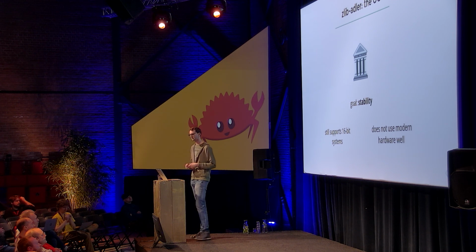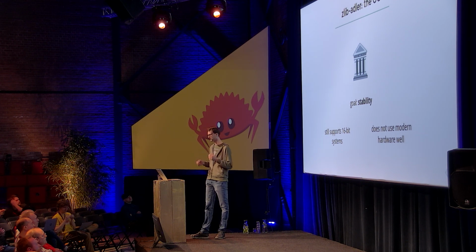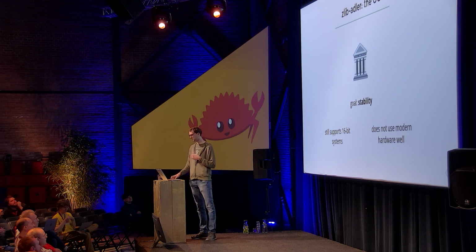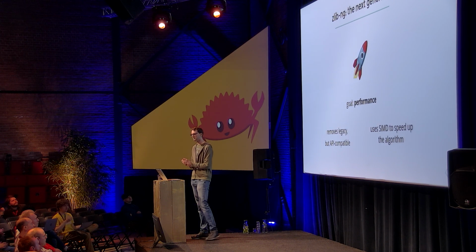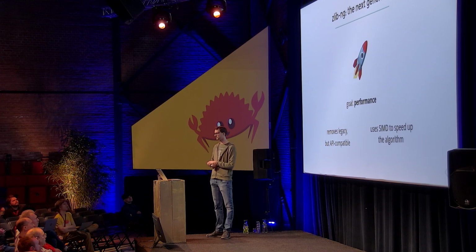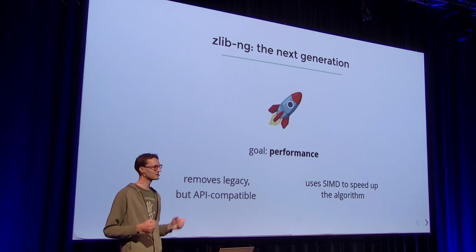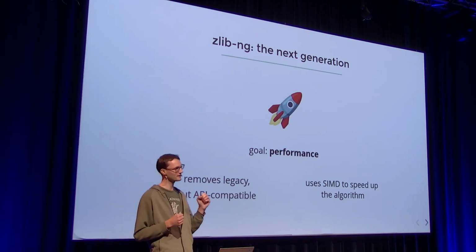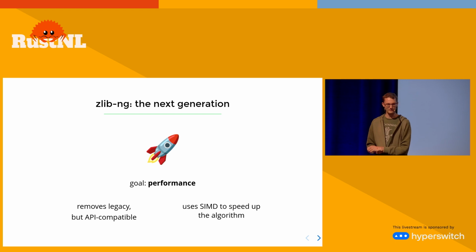So because performance is important to many organizations, several forks have been made of zlib-adler. The most prominent of these is zlib-ng, where basically they say, we want performance. We want performance specifically on modern hardware. So that means removing a lot of legacy stuff, amongst other things, the 16-bit support, and relying on these modern instruction sets that have these SIMD instructions that do that more work per instruction.